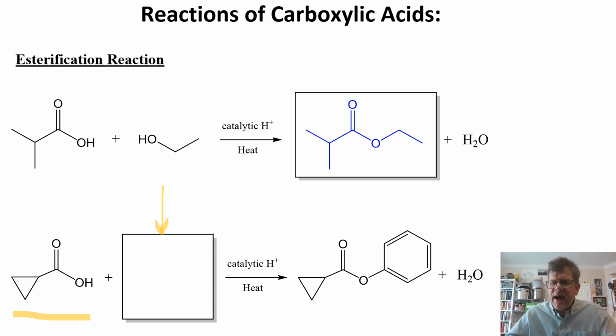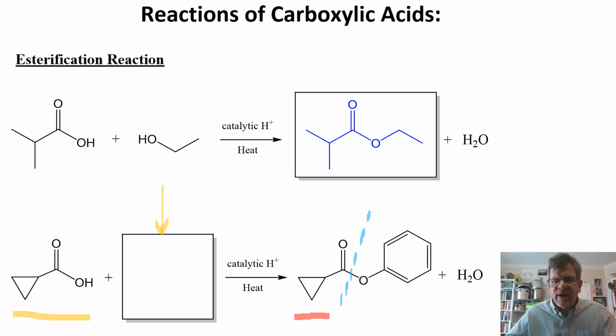Interestingly, now we have to look at our ester and be able to derive from that ester what was that carboxylic acid component and what was that alcohol component. And the cut, if you will, is right through that bond right there. Over on the one side, this is our carboxylic acid component, the one containing the carbonyl.